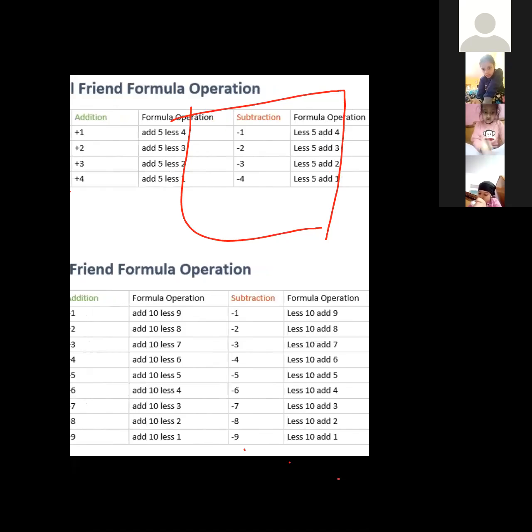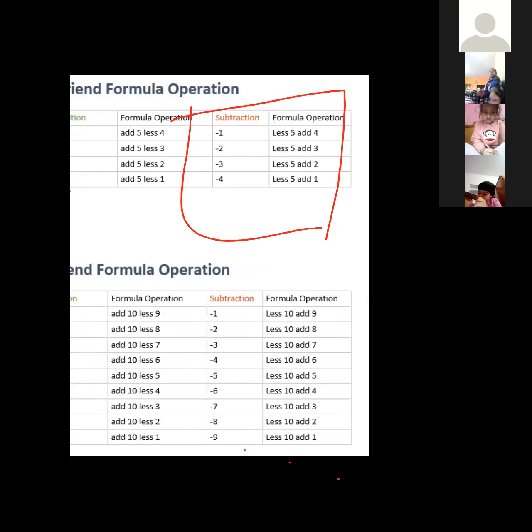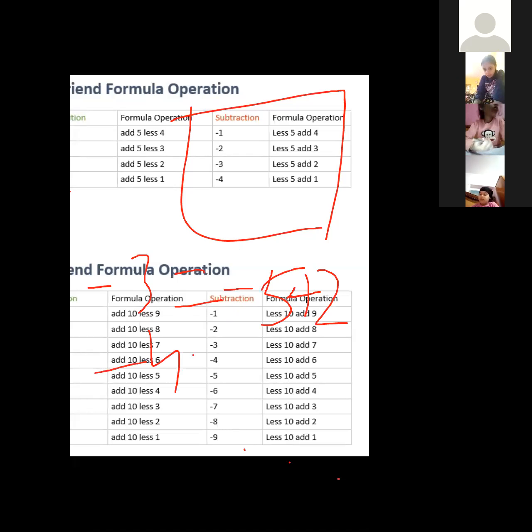In this case, you said minus 3 is equal to plus 5, sorry, minus 5 plus 2. Okay. And minus 4 is equal to minus 5 add 1.